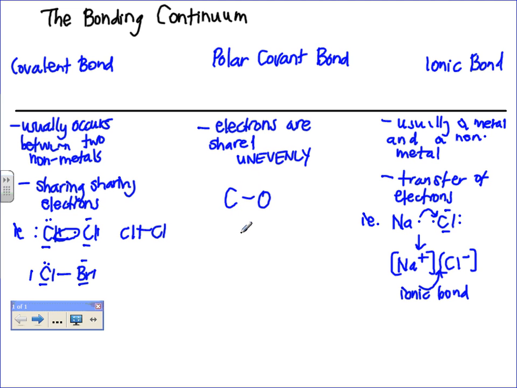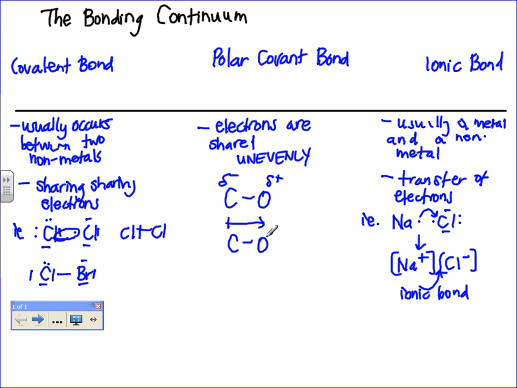There are two ways that we can show that. I can put a slightly positive and a slightly negative symbol. This is a little delta, so it's like an S with a little curl on it. Another way that we can identify a polar bond is with a dipole. And a dipole is an arrow.